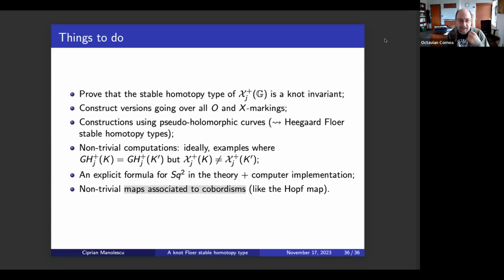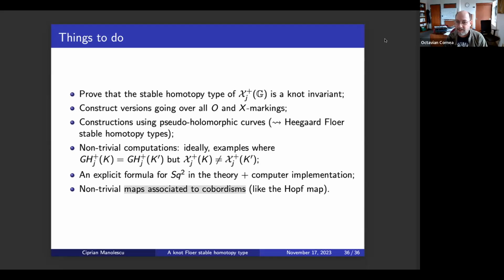So I have a question that's a little bit old-fashioned, I'm afraid, Ciprian. I remember from the 90s that Cohen, Jones, Segal, and a student, maybe a student of Ralph Betts, had a paper about a construction that would give you the actual homotopy type, not the stable homotopy type.